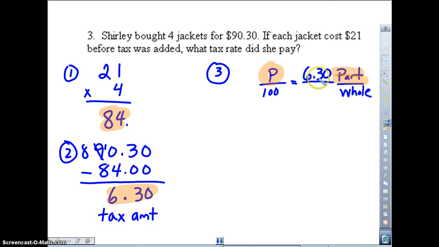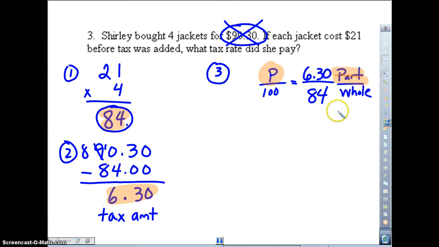I'm trying to figure out my percentage. I need a whole. Am I going to use that number for my whole, or the whole price of the jackets? We would not use this number because that's an amount that already has the tax in it. I would not calculate tax on an amount that already has tax in it. So I'm going to use the $84 as my whole.